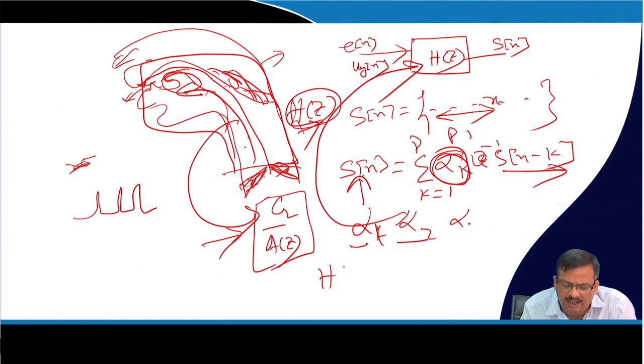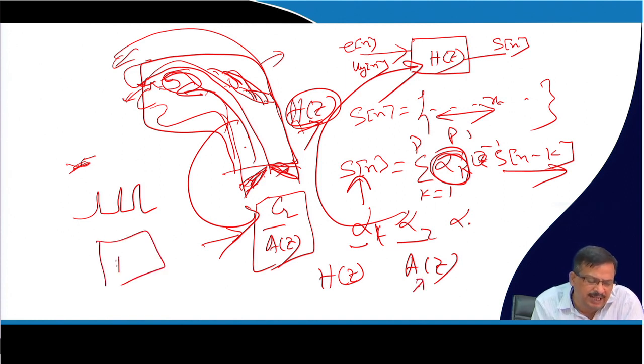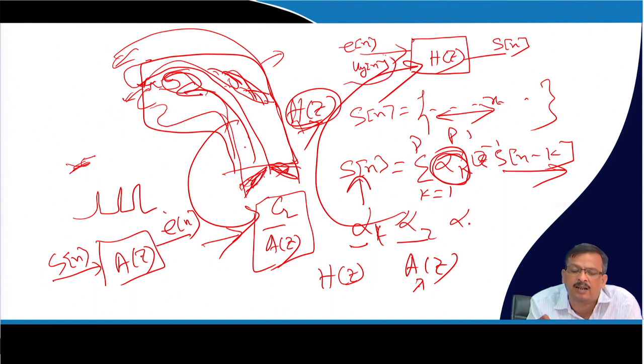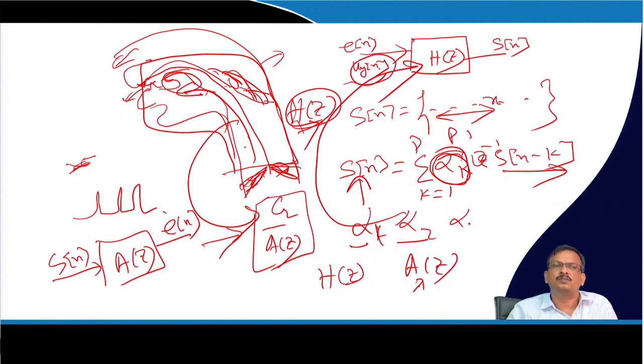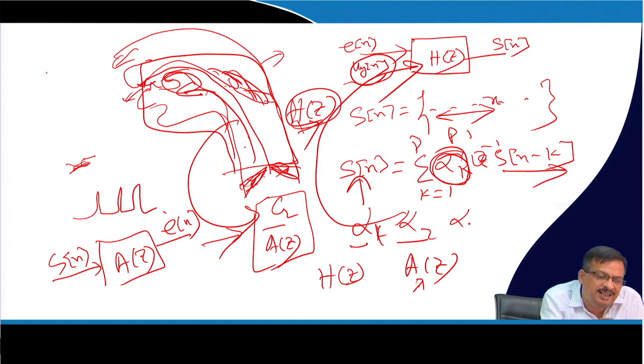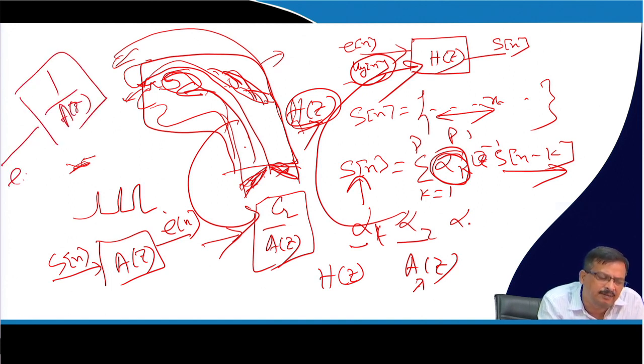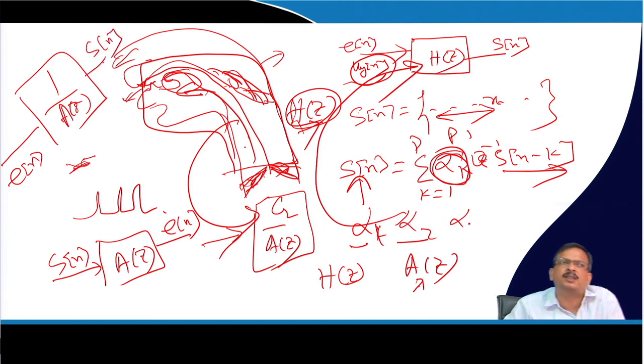So I can design A(z). If I pass the speech signal s(n) through A(z), the output I get is e(n), the error, which is nothing but the glottal impulse. Now if I design 1 by A(z) and apply e(n), I should get s(n) back, the speech signal.